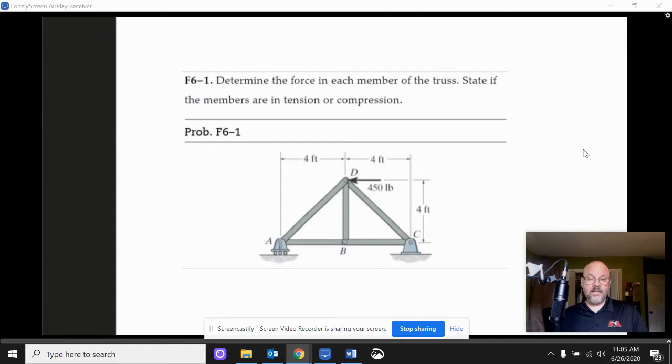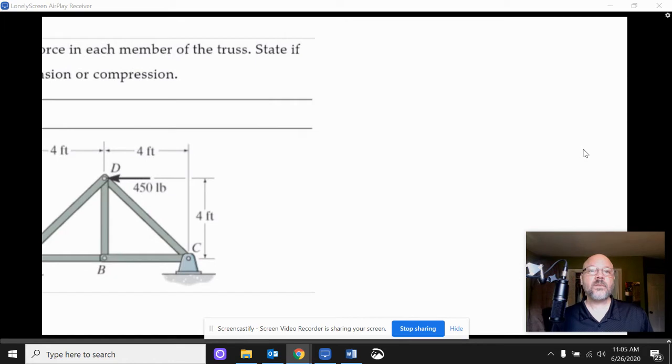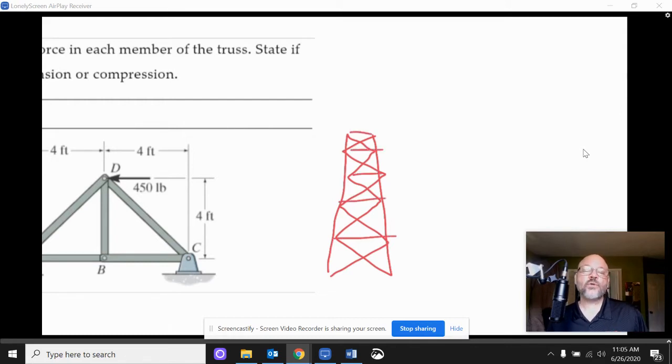Now, you've seen lots of trusses before. For example, if you look at an antenna mounted up really high, you've got this sort of structure in here. Those are trusses.